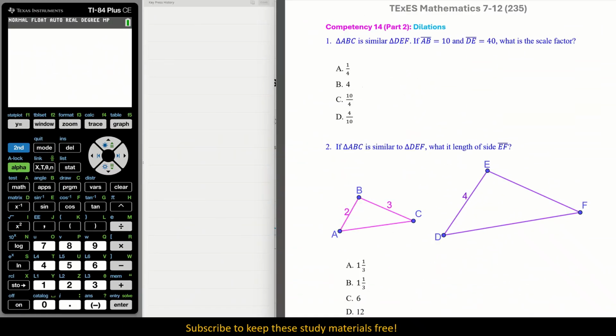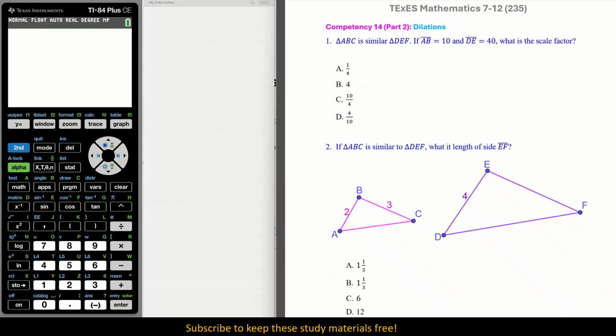Number 1, triangle ABC is similar to triangle DEF. If segment AB is equal to 10 and segment DE is equal to 40, what is the scale factor? Okay, you're simply setting up a ratio.